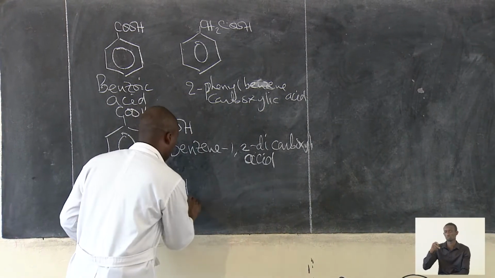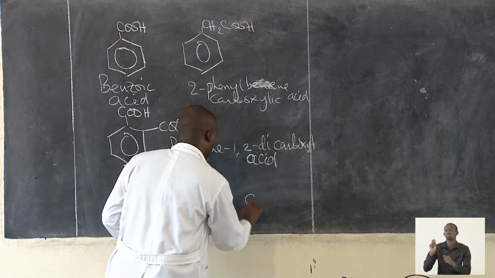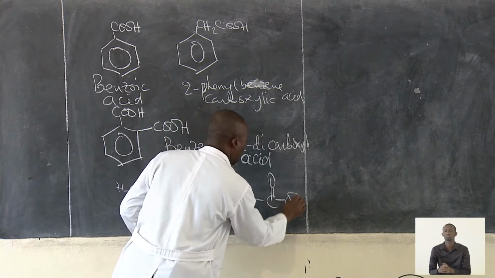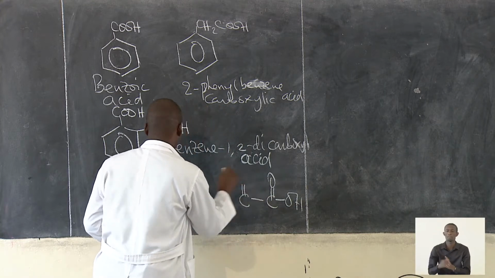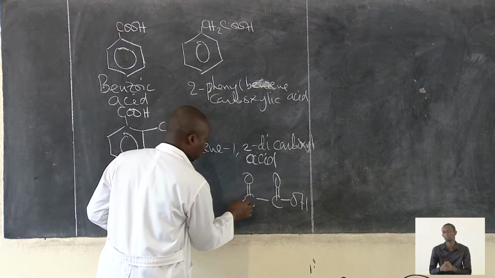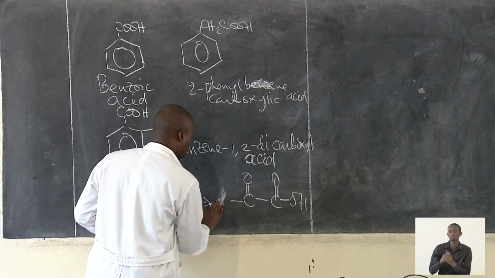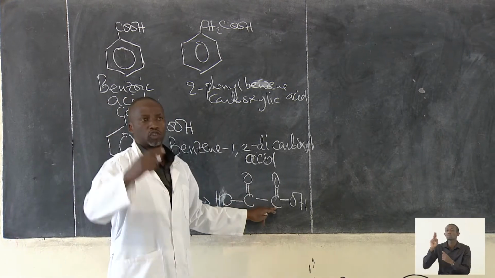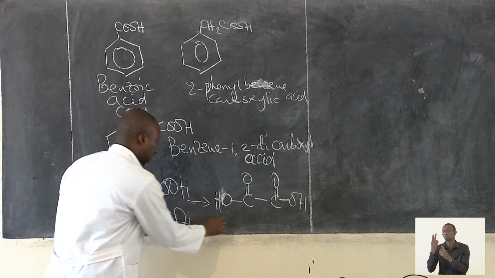We can also write it in this form. You have two carbon atoms with OH, and I think this hydrogen is not there because the bonds would be many. So this is ethane 1,2 dicarboxylic acid.